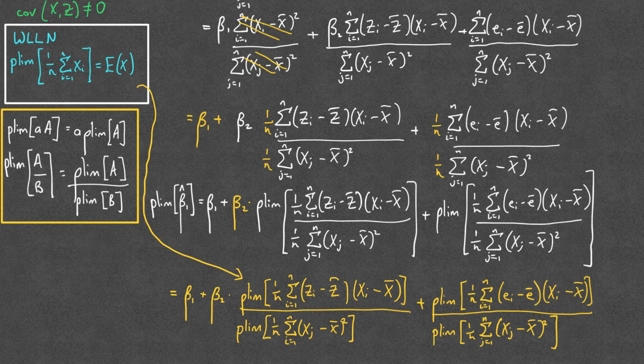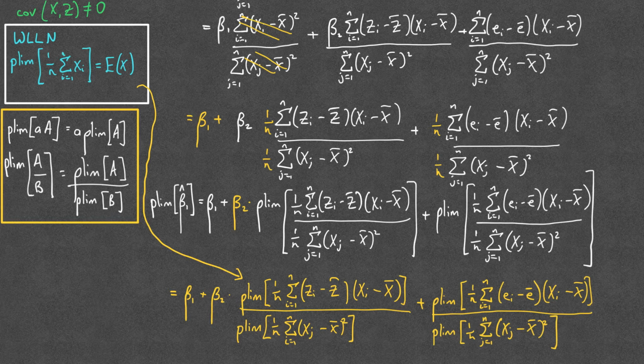So we can rewrite this as being equal to beta 1 plus beta 2 times the expectation of (z minus e of z) times (x minus e of x).